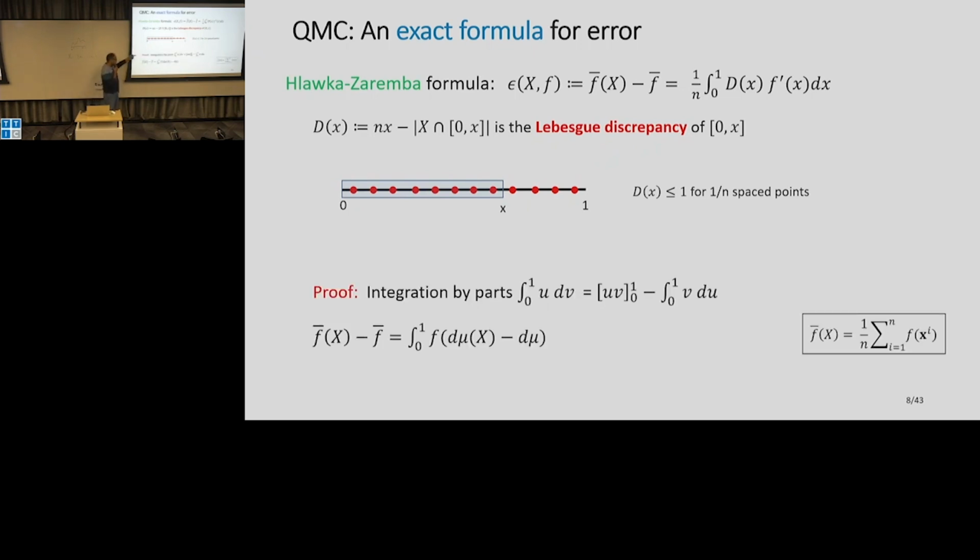It's just an application of integration by parts. Again, if it's been a long time since you saw your calculus, the integration by parts formula basically allows you, when you're integrating a function u dv, to swap v and u. So let's see why that happens here. We are interested in this error between the sample and the true average.